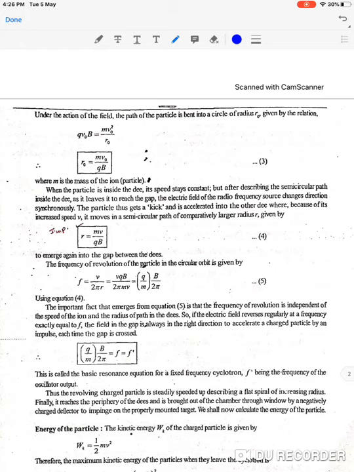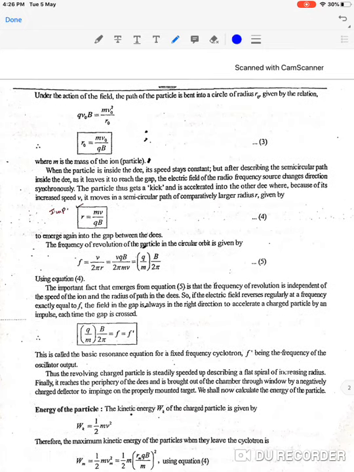The centripetal force equals the magnetic force, so the particle following this circular trajectory will have a particular radius, and cancelling v, we get r naught equal to m v naught over q B.